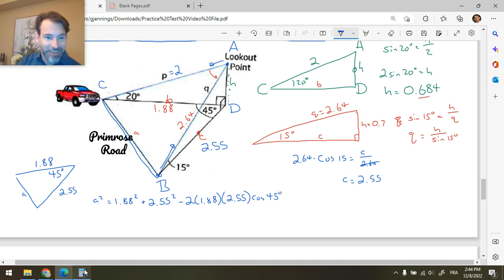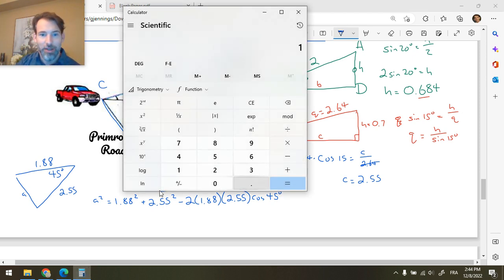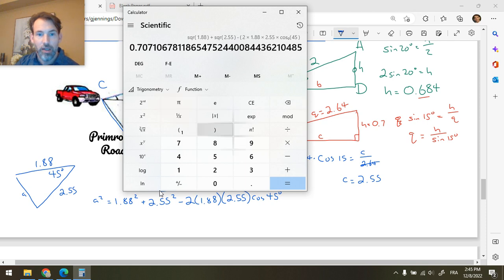Now let's evaluate that. 1.88 squared plus 2.55 squared minus, put it in brackets, 2 times 1.88 times 2.55 times the cosine of 45 and the bracket.